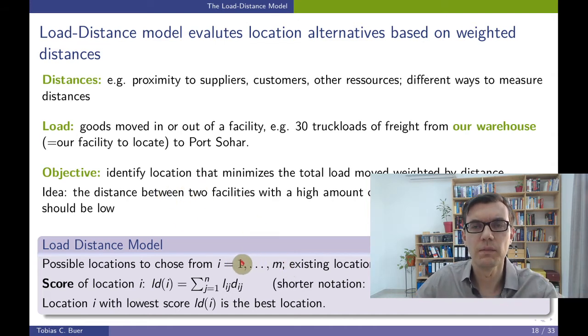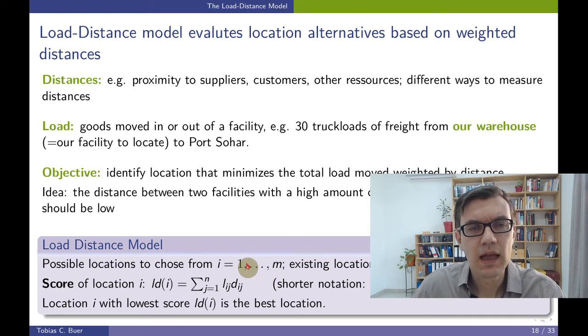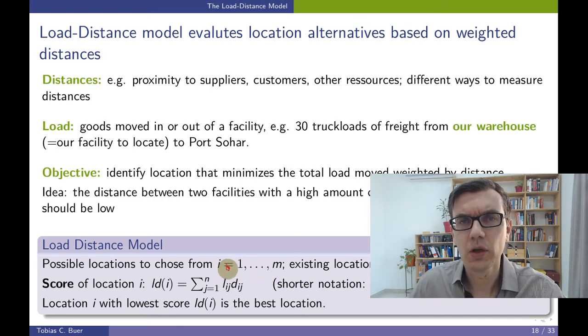We have here the mathematical notation, the formal notation. Again, the potential locations are numbered 1, 2, 3, 4 to n, and the existing locations, for example, existing customers, are numbered from 1 to n. For the existing locations, I use the index j, and for the potential locations, I use the index i.